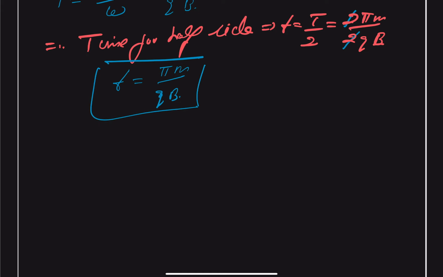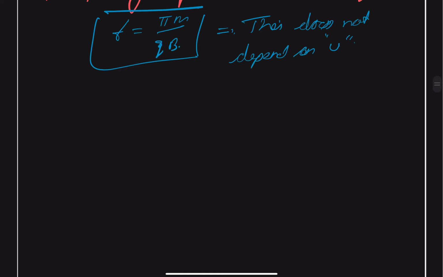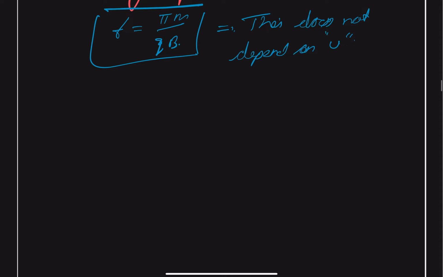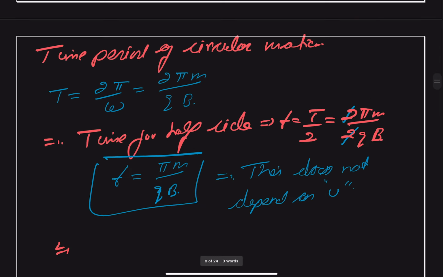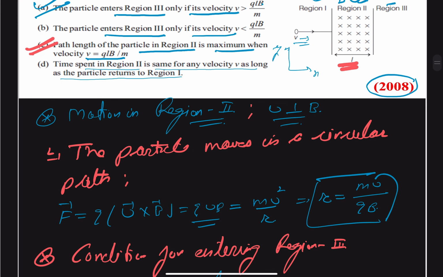And in this particular equation we can see that there is no velocity in the time equation. We can say this does not depend on v. Therefore we can say option D is also correct.